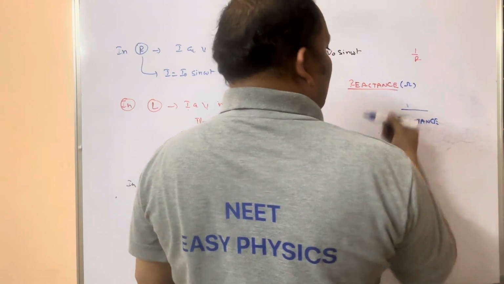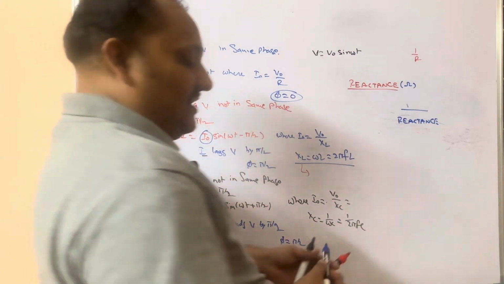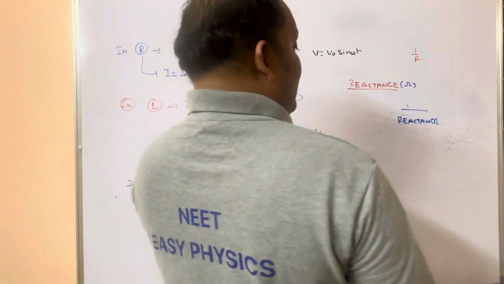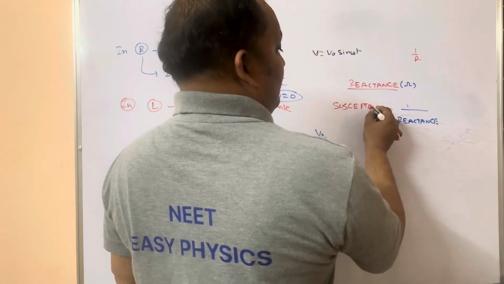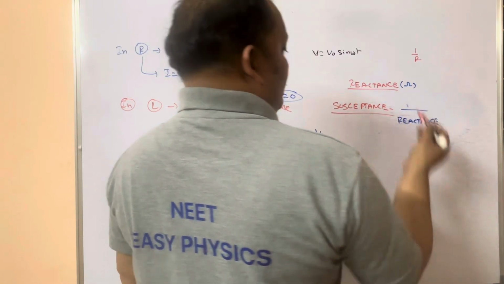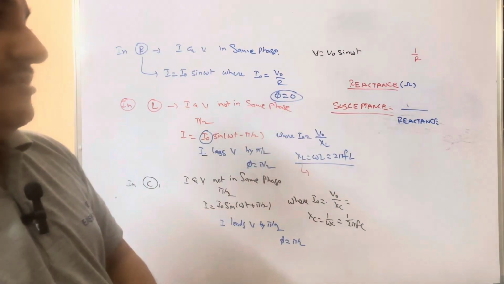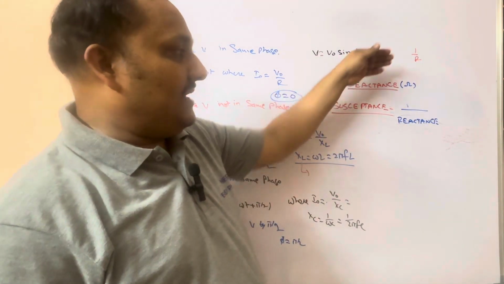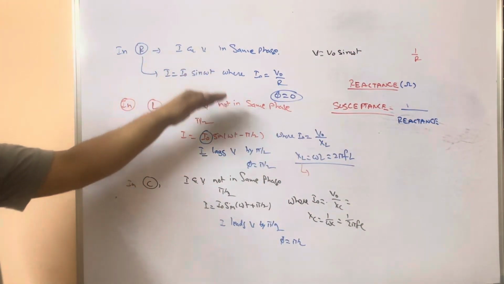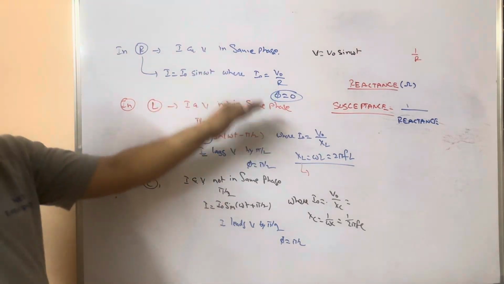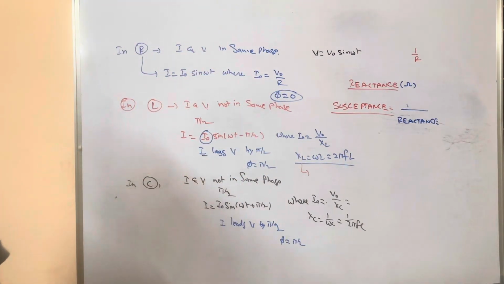Reactance units are also ohms; resistance units and reactance units are the same. The reciprocal of reactance is susceptance. Just like conductance units, susceptance units will also come. So this is the small comparison of pure resistor, pure inductor and pure capacitor.